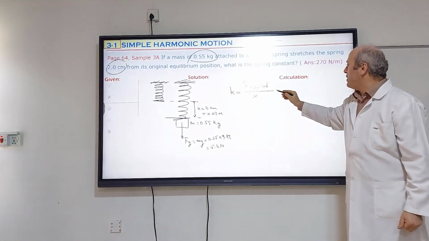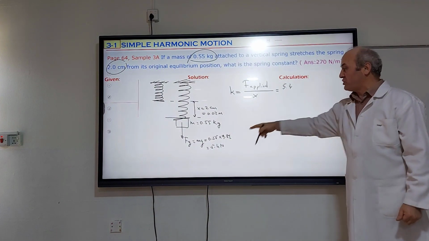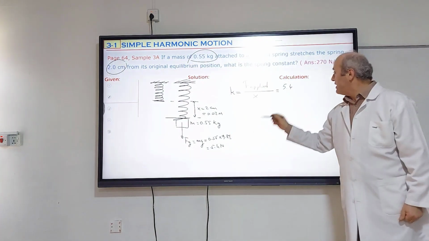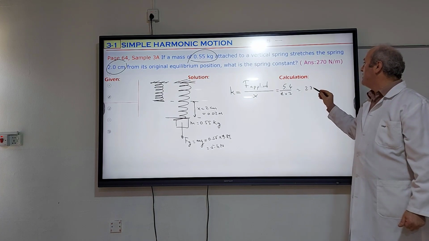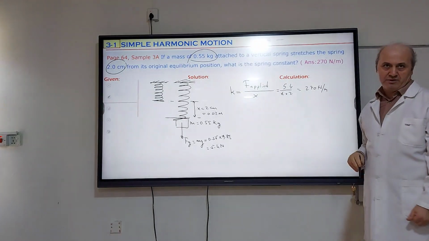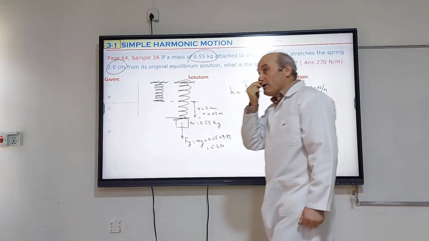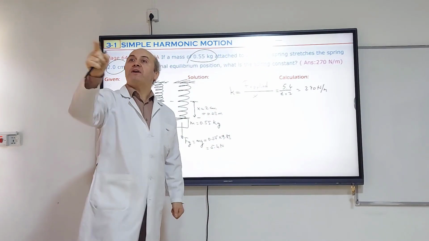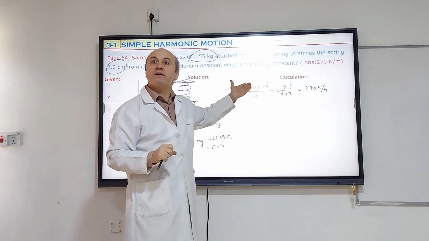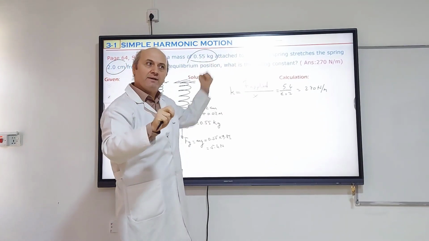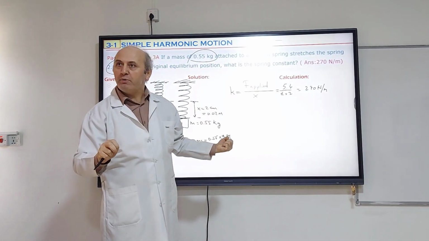So the applied force was 5.4, which was the gravitational force, divided by 0.02. The result is going to be, I think, 270 Newton per meter. Be careful in here. To stretch a spring, you have to apply some force first. Yani, the equation which we wrote is not about the restoring force. It was the force with which you pulled the spring.